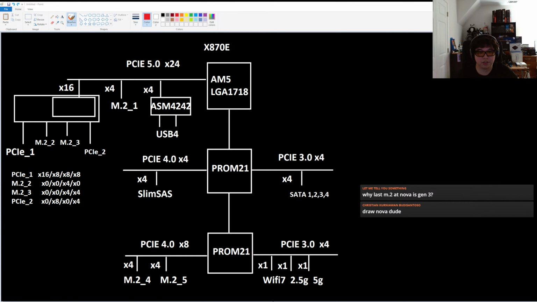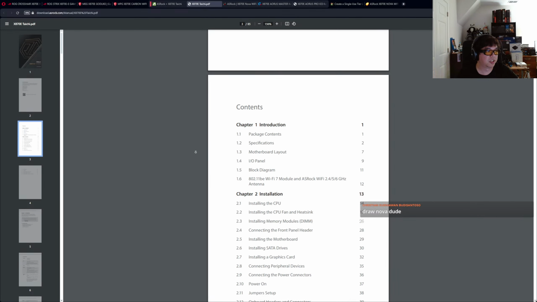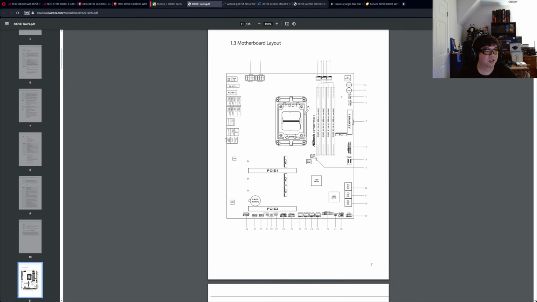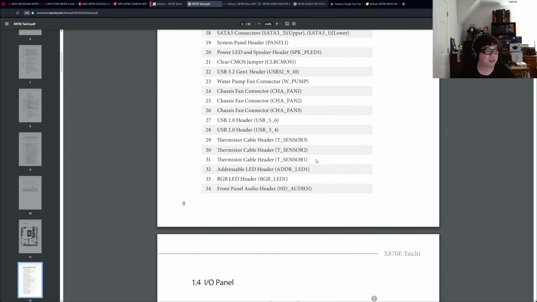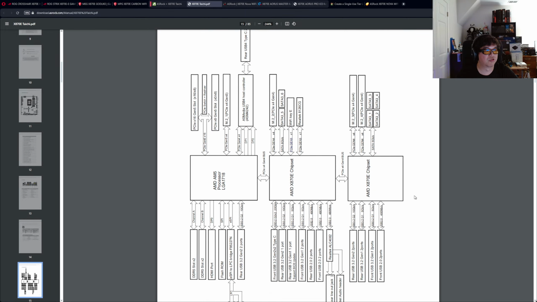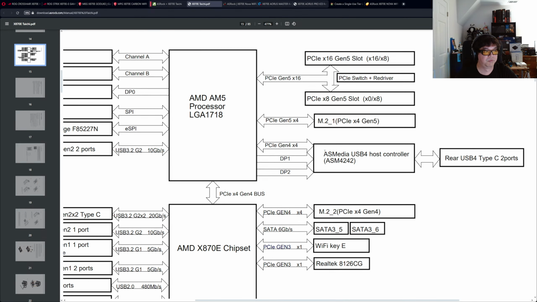Okay, so here's the Taichi's manual, X870E Taichi. The nice thing about it is they provide the block diagram. So the thing that I just drew, ASRock provides it up front.